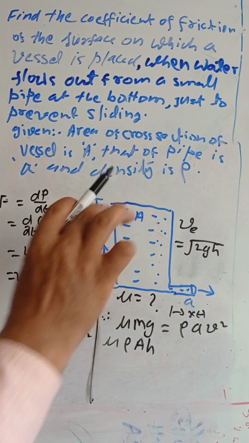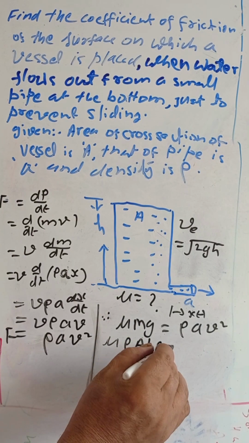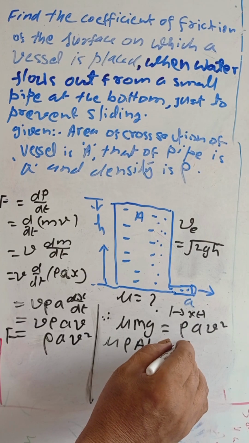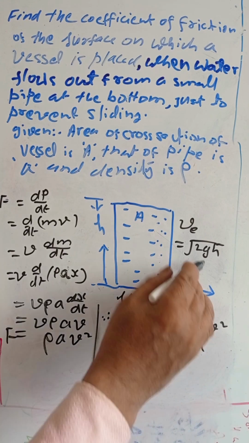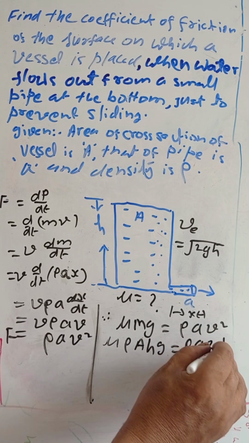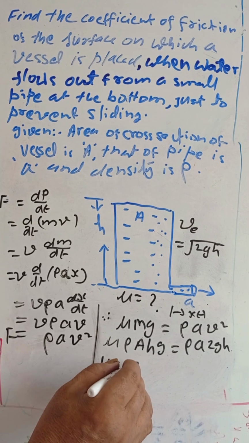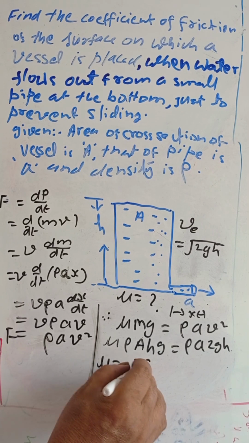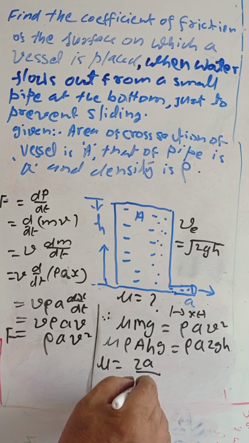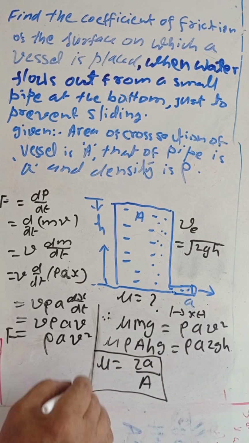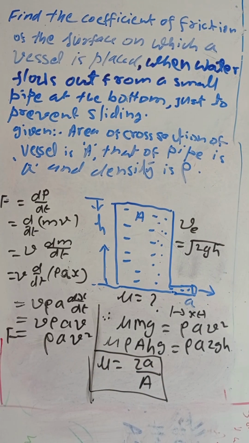Cross sectional area into height will give me the volume. So this becomes the frictional force. On the other side, rho a, and this v square I can write as 2gh, the square of the efflux velocity. So mu is equal to, from here everything cancels, 2 small a divided by capital A. This is the minimum coefficient of friction required.